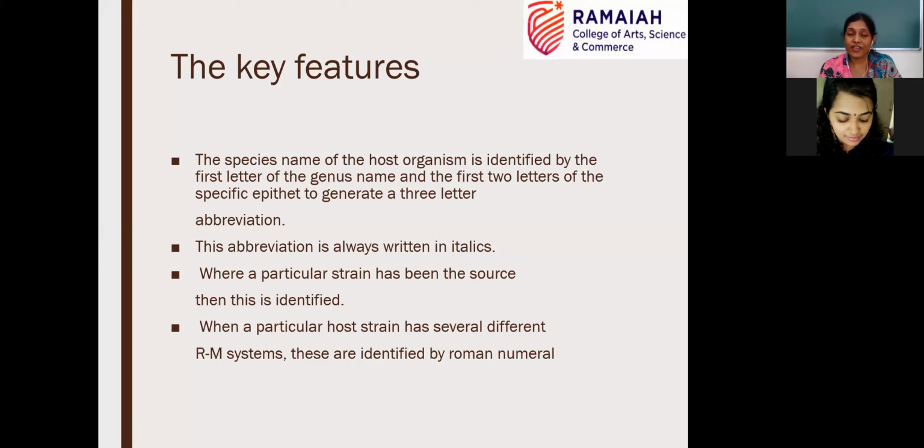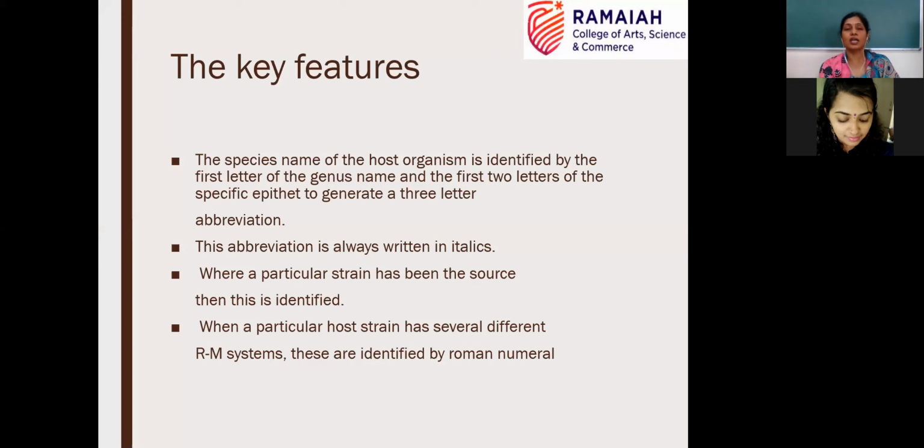And if there are several enzymes that had been isolated from the same organism, same strain, then the several enzymes are indicated by Roman numerals, like HindI, HindII, HindIII, EcoRI, EcoRII, EcoRIII. In addition, if the enzyme had been isolated from an extrachromosomal replicon, the source of that extrachromosomal replicon can also be indicated.